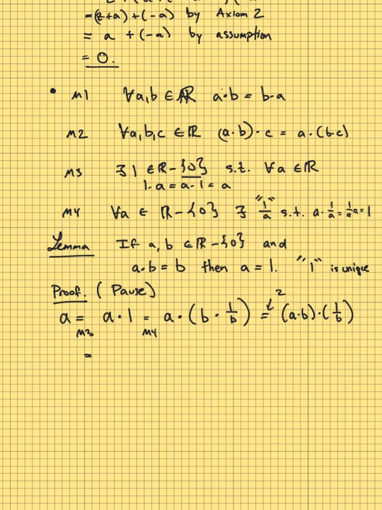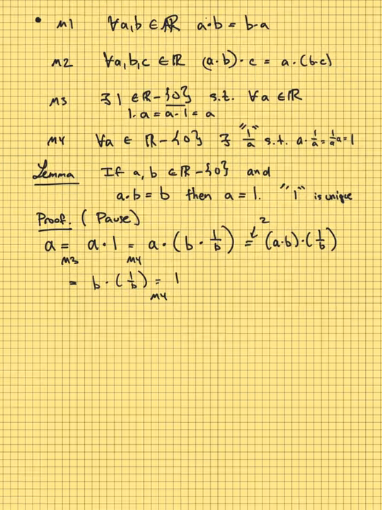Then we have, by assumption, this is b times 1 over b, and so we can conclude by axiom 4 that a is equal to 1. Okay? So again, something we know, but something we can just show using these properties.